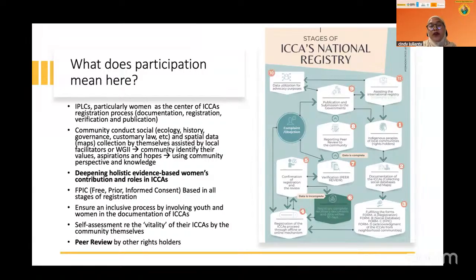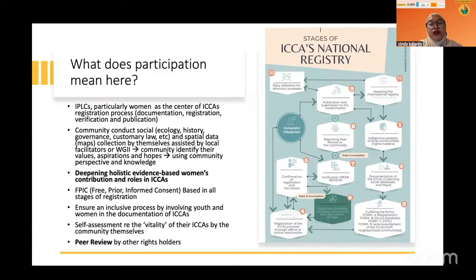And when we talk here about participatory mapping, or how exactly participation looks like, participation here means that the center of the data collection, the center of the documentation is really on Indigenous peoples, local communities, or the rights holders, the people who live with the territories, particularly women, as the centers of the GCIE registrations.